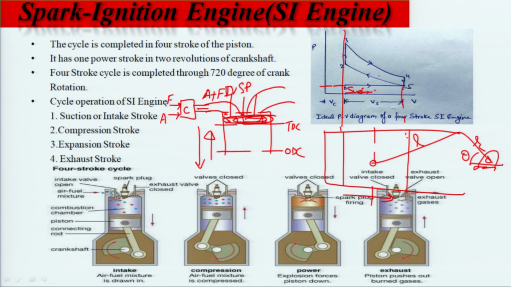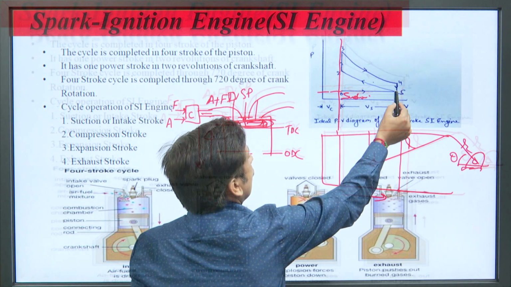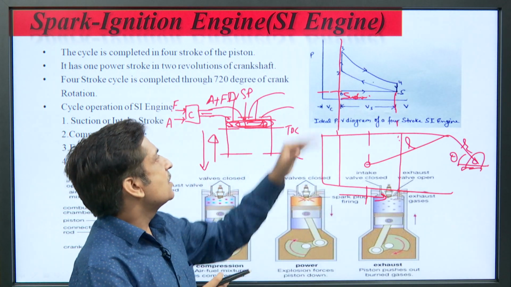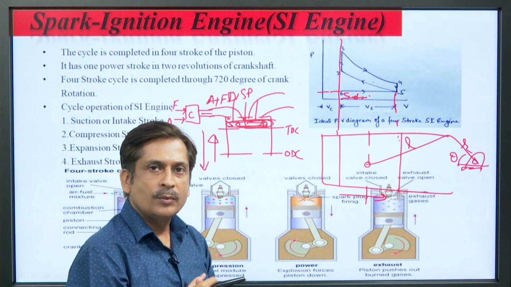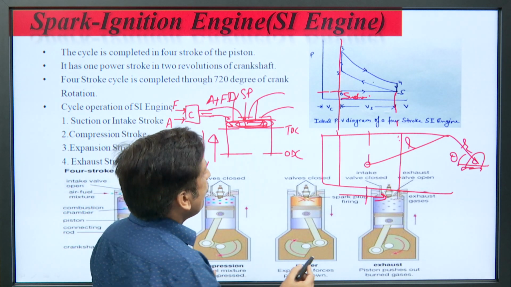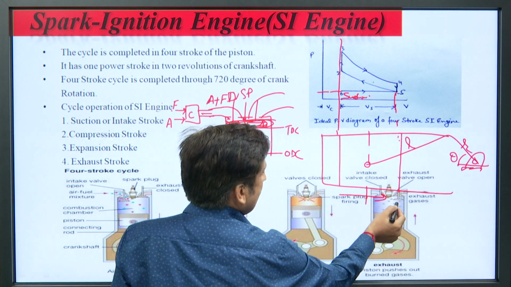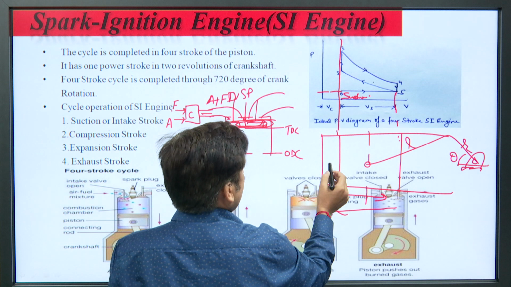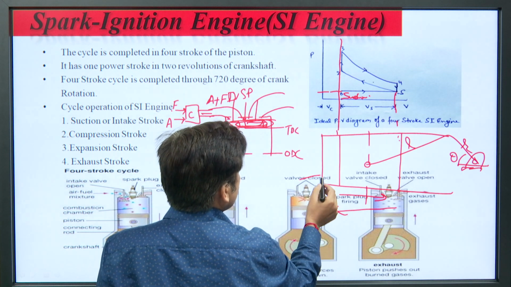From 1 to 2 we compress the fuel and air mixture. So, at point 2, when the piston comes to this point, both valves are still closed.